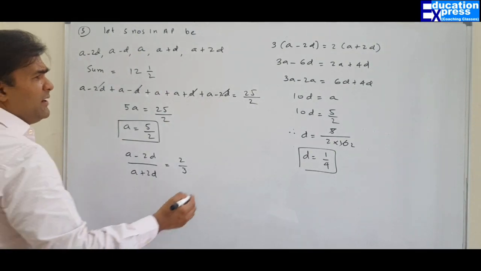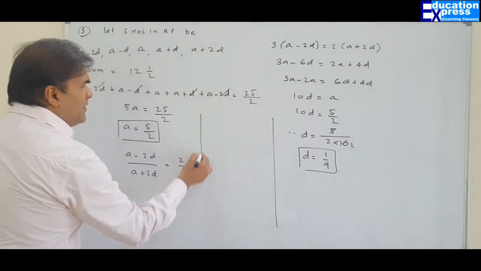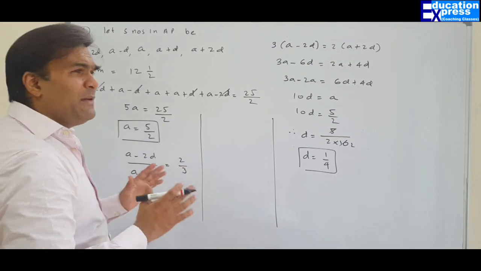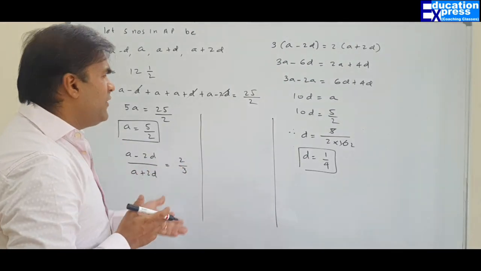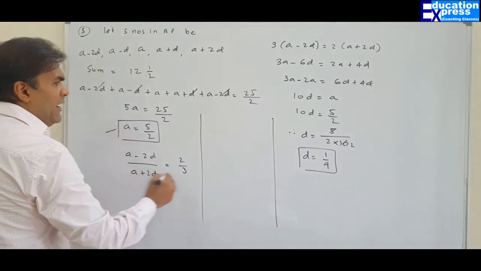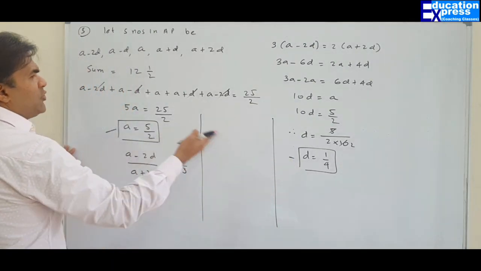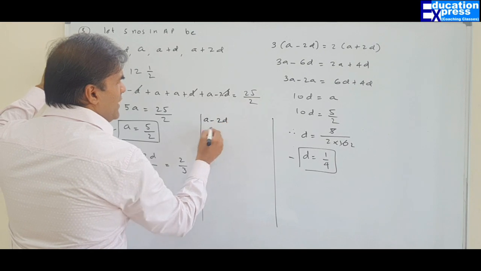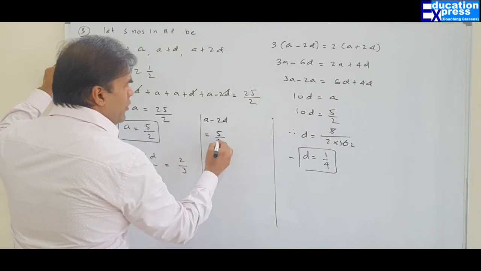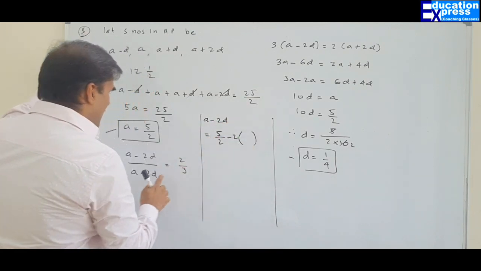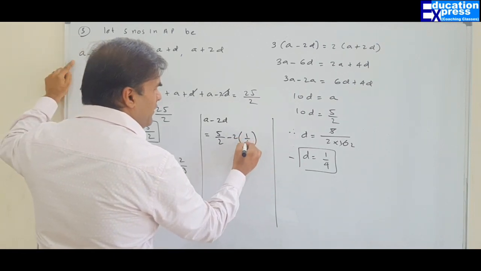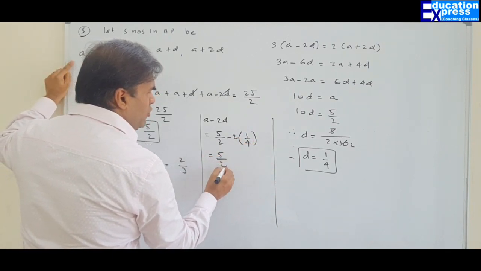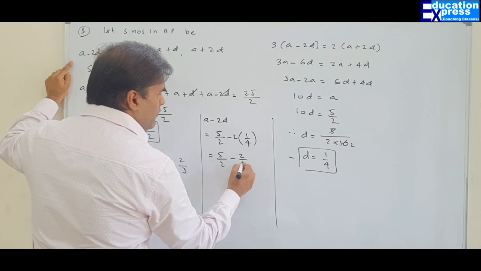So my dear friends, now it is a matter of mere substitution. This is the last sum in which I am showing you the substitution. After that, I will simply find the value of A and D. Students can actually make the substitution. The first one being A minus 2D. What is the value of A? 5 upon 2, minus 2 times the value of D. What is the value of D? 1 upon 4. 5 upon 2 minus 2 upon 4.